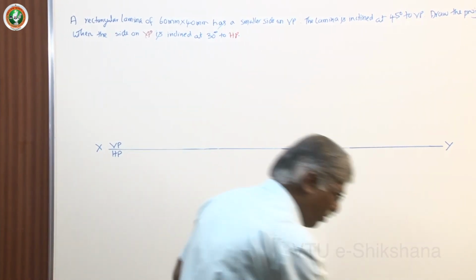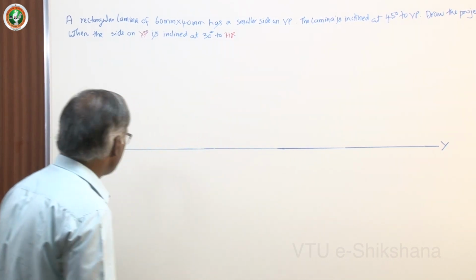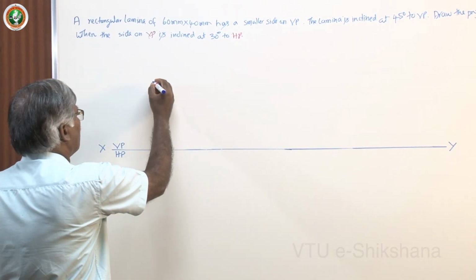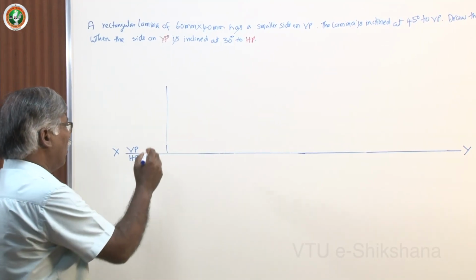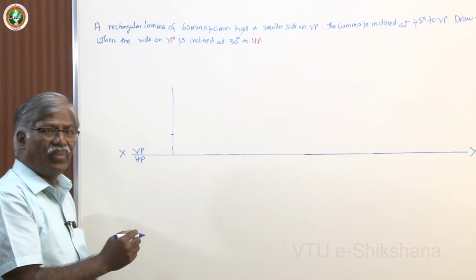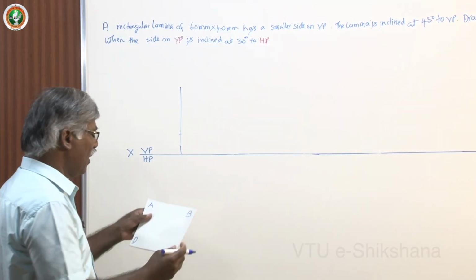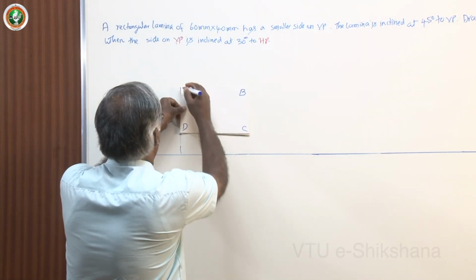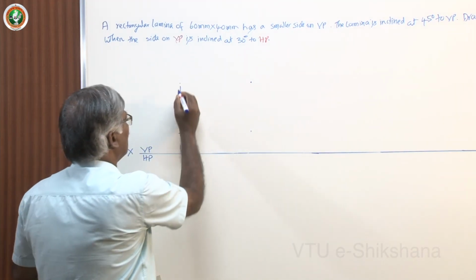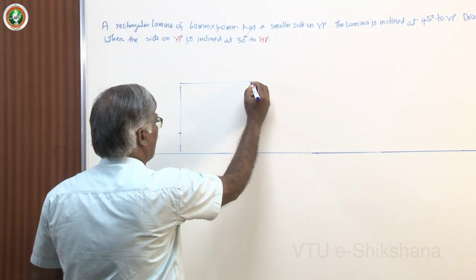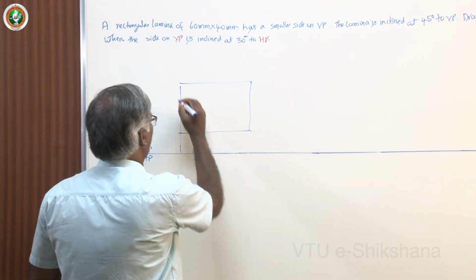Now let me draw the rectangle. Always maintain some gap between the XY line and the lamina. Assume that I am keeping this. Draw the rectangle.